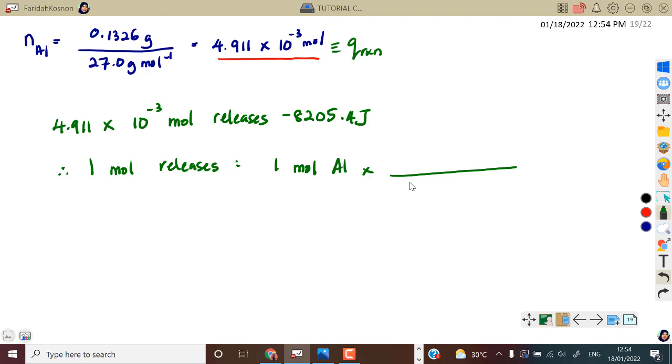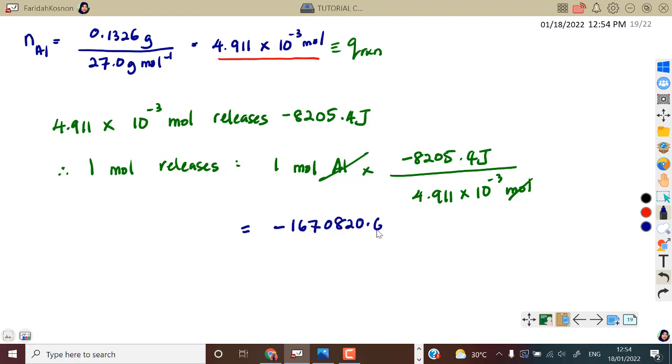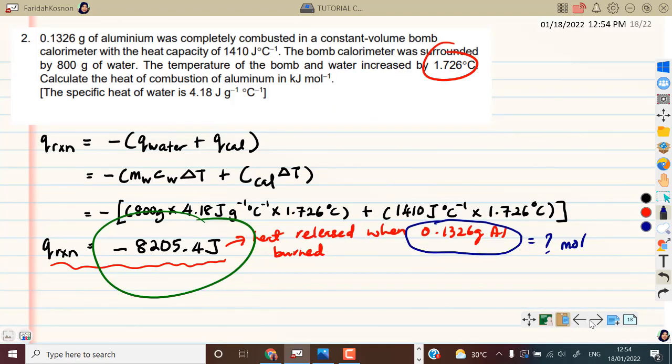Maksudnya kat sini saya nak cari kalau negatif 8205.4 joule ni tadi released by how many mole? 4.911 times 10 to the power of negative 3 mole. So you kira dulu, you dapatkan dulu nilai. So you akan dapat dekat sini, you akan dapat lebih kurang negatif 1670820.6 joule. Tapi sebab soalan dah mention kan, dalam soalan tu dia ada mention in kilojoule per mole.